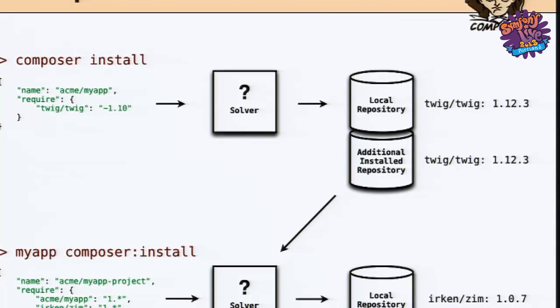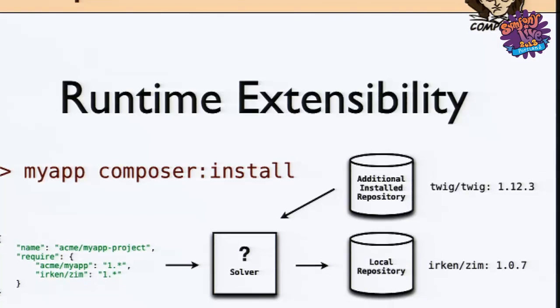I don't need to install it. All it ends up installing is Zim. And it does this because it's using the local repository as the additional repository. So this is how we can make runtime accessibility work for Composer and a PHP application using an embedded Composer.